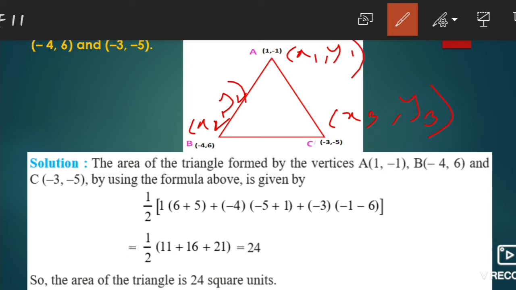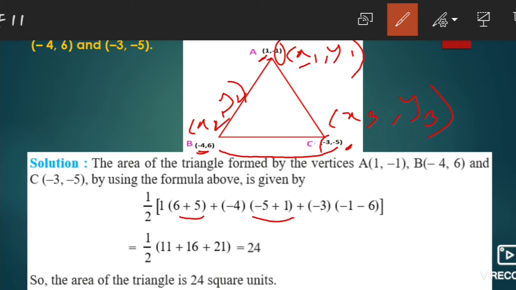Now we will use the formula of area of a triangle which I discussed in the previous slide. So the area of the triangle ABC will become half of, what is x1? x1 is 1. 1 into 6 minus of minus 5, that is 6 plus 5. Then minus 4 into y3 minus y1, that is minus 5 minus of minus 1, that's why minus 5 plus 1.